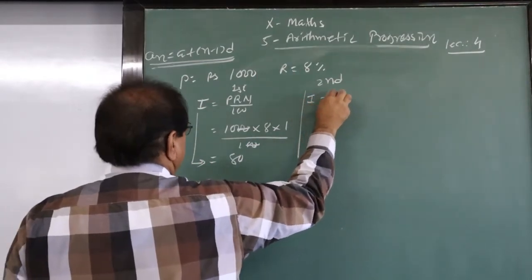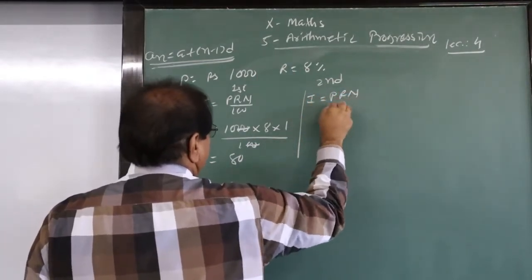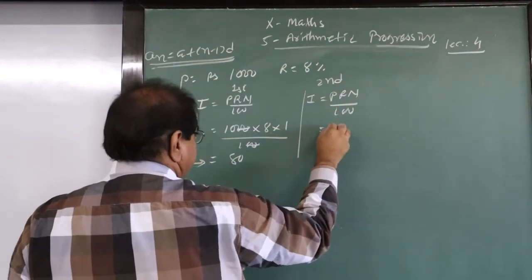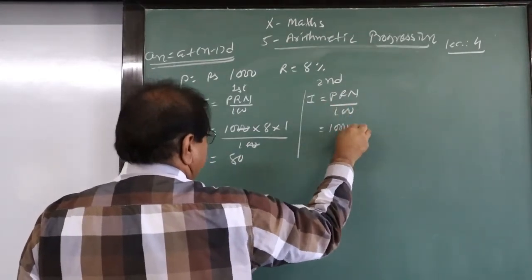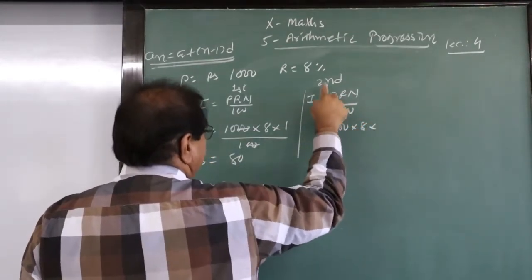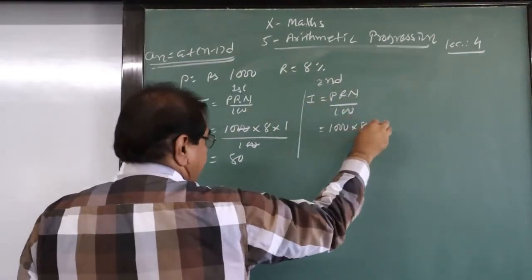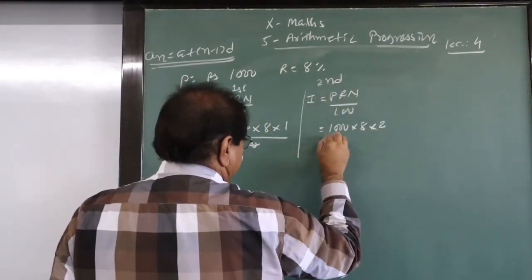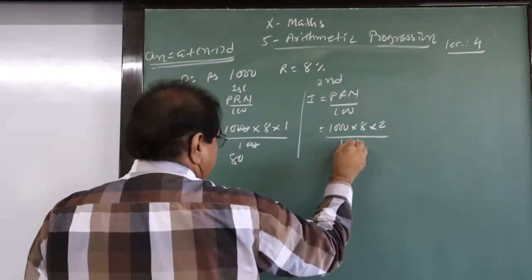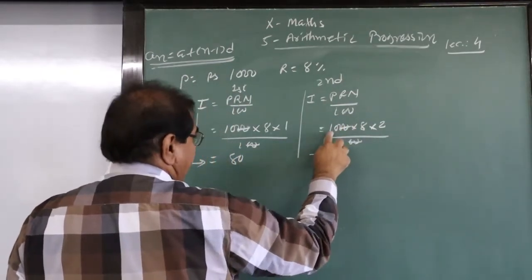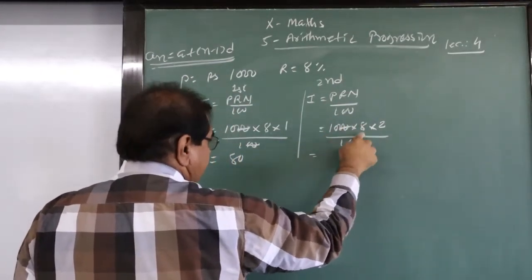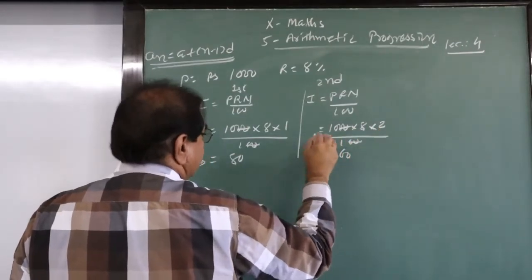So I is equal to PRN upon 100. Principal is again 1000, rate of interest is 8. As we are finding interest for the second year, number of years is 2, upon 100. 20 cancel, 10 8s are 80, 80 2s are 160.